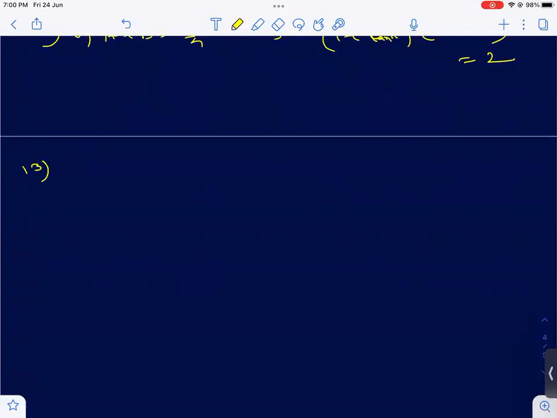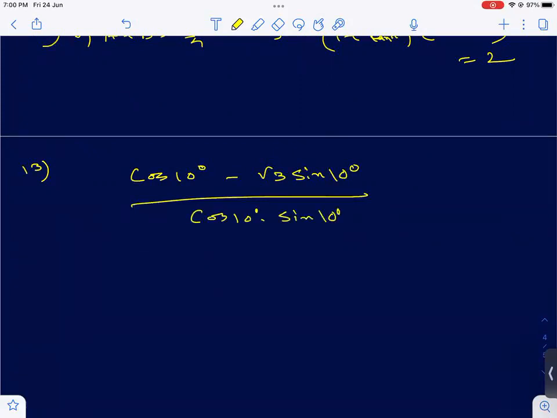we are seeing, just simply take the LCM. So cos 10 degree minus root 3 sin 10 degree, total divided by cos 10 into sin 10. So if I just multiply numerator and denominator by 2, similarly, just see one thing: in A cos theta plus B sin theta, divide by root over a square plus b square.